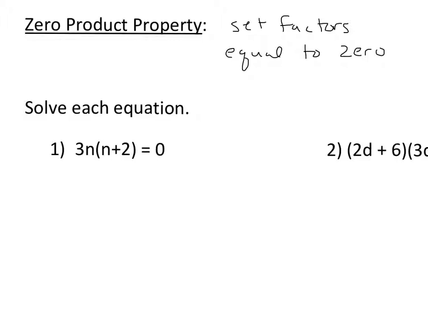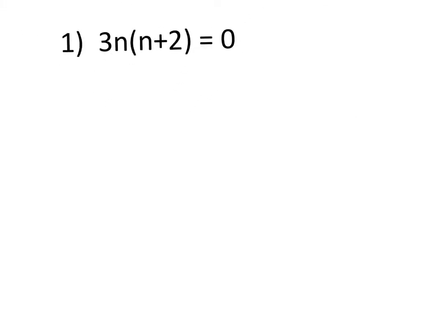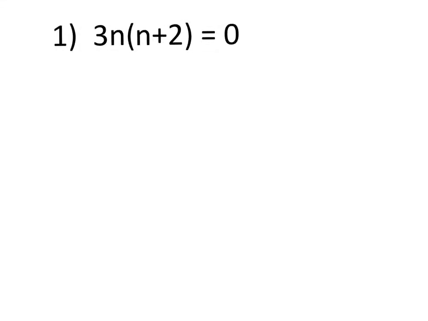Okay. All right, so on my first example here, I see that they have actually already factored it for me. So when it's already in factored form and they have already pulled out this 3n, so they've already pulled out the GCF and they're writing that out here. So this guy right here is your GCF. Okay, you're just simply going to set each factor equal to 0. So I'm going to take the 3n and set it equal to 0 and the n plus 2 and set it equal to 0.